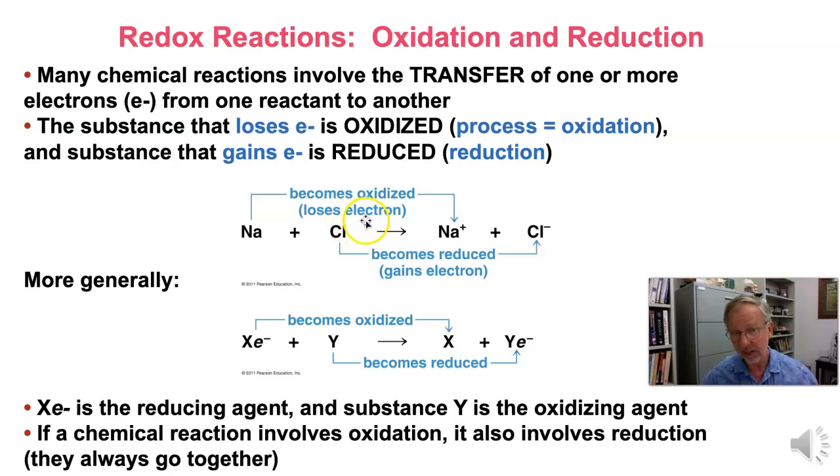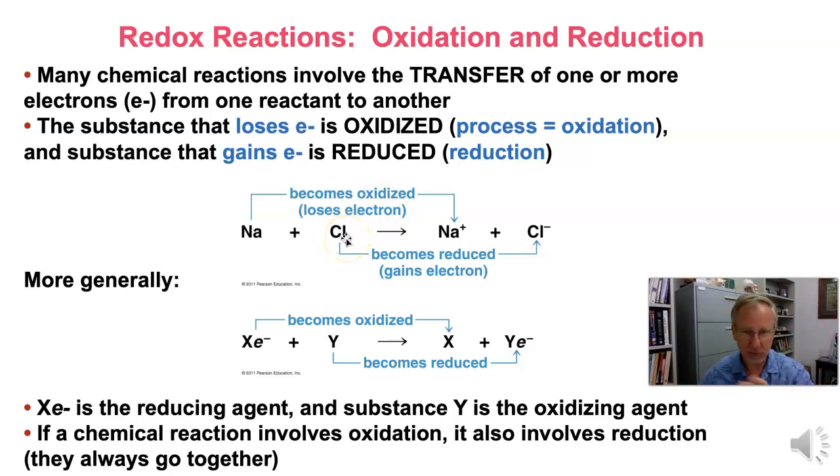An example of oxidation and reduction is given here in the middle of the slide with sodium and chlorine to make sodium chloride. So the sodium becomes oxidized when it loses the one electron that's on the outside of its shell. And chlorine needs an electron in its outside shell.